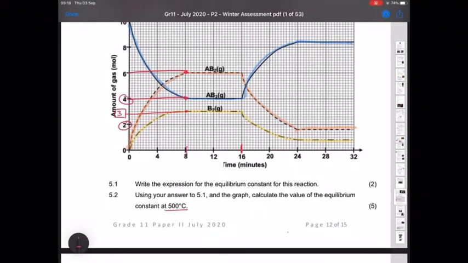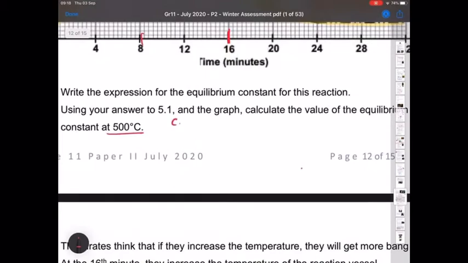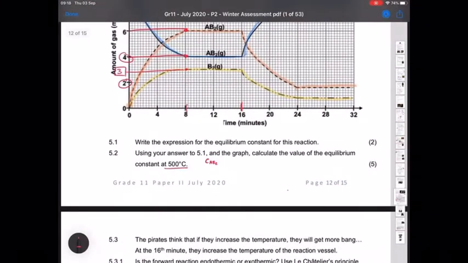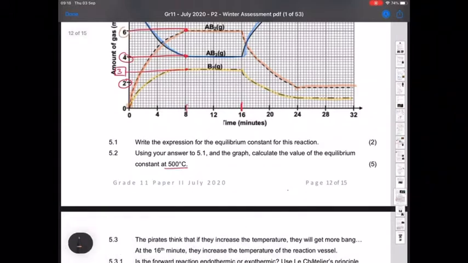All right, so at time 8 minutes, the concentration for AB2 is, let me actually even color code this for you so it's even more obvious. Concentration for AB2 is 6. So there's AB2, concentration for AB2 is 6. So the formula for concentration, C equals N over V. We've got 6 moles of AB2 from the graph.